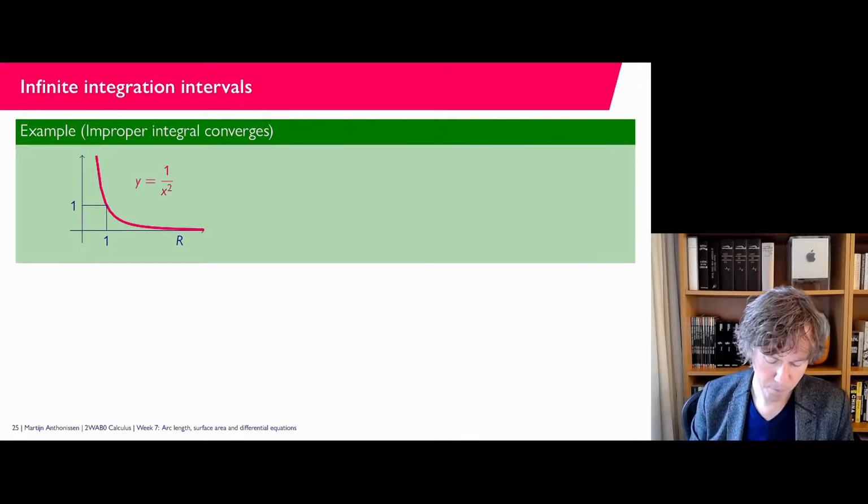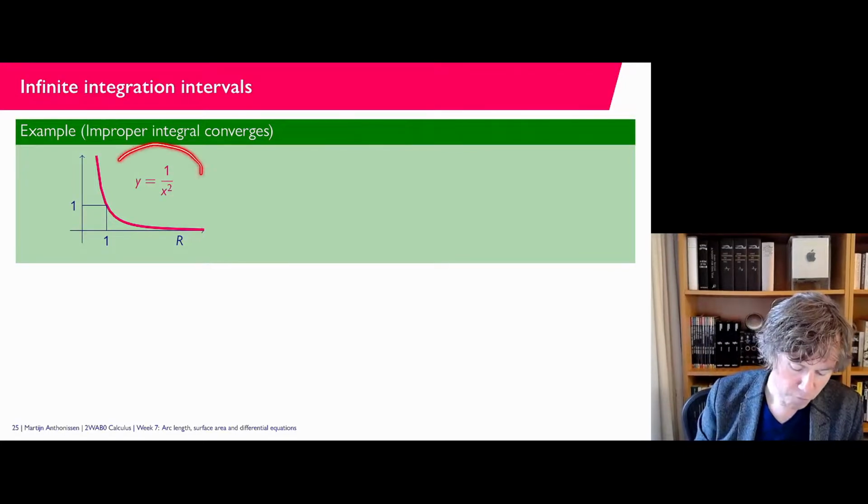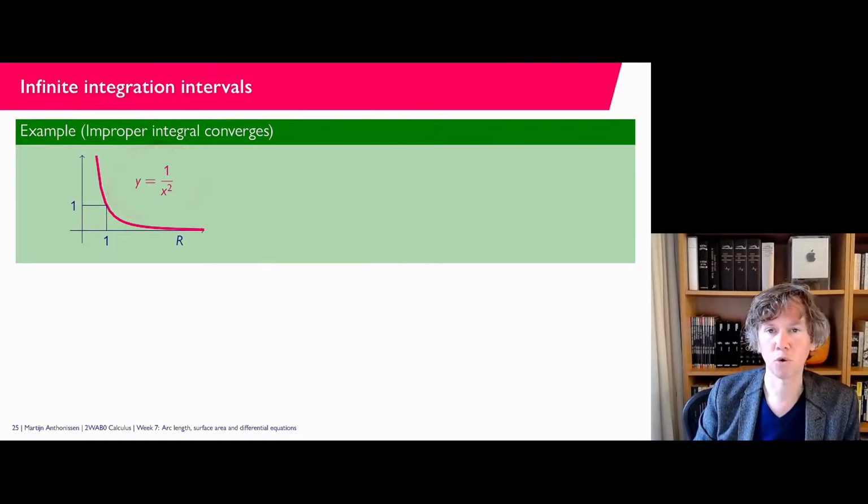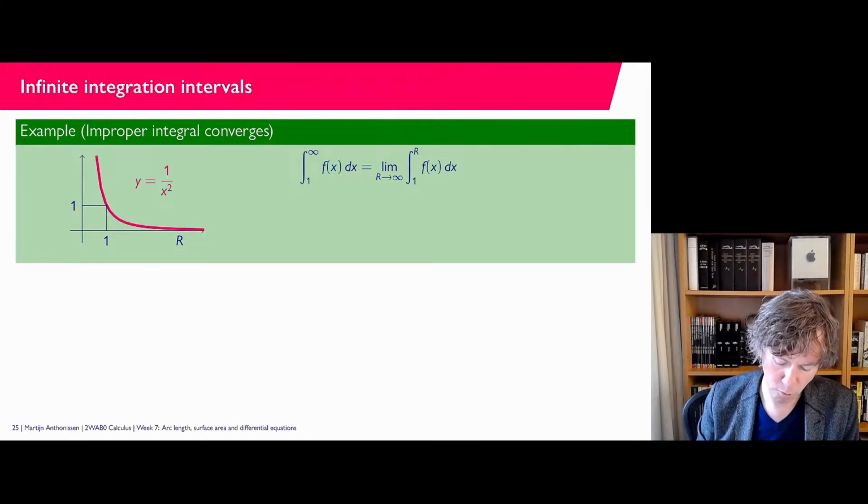A little bit more. If you have the function y is 1 over x squared, and you would like to find the integral from 1 to plus infinity, then we're going to replace plus infinity with capital R. So the integral from 1 to plus infinity is going to be the integral from 1 to capital R, and we let capital R go to plus infinity. We compute this.